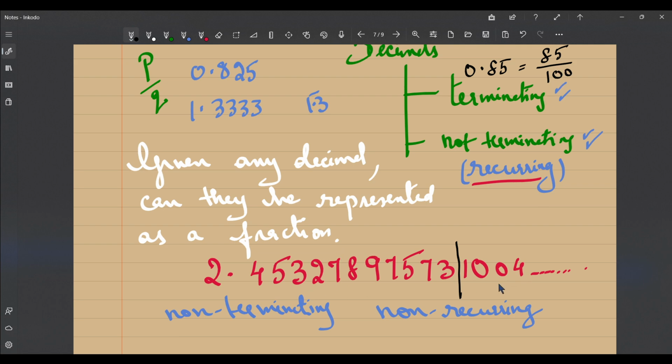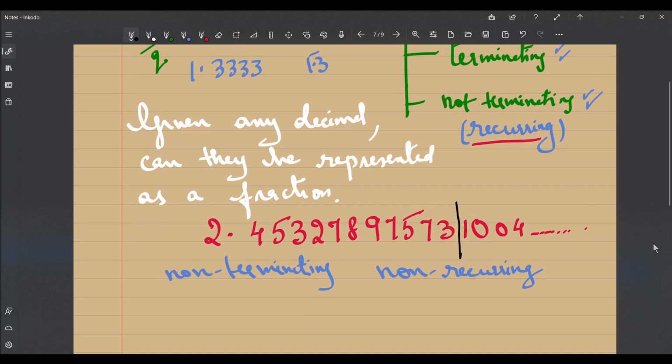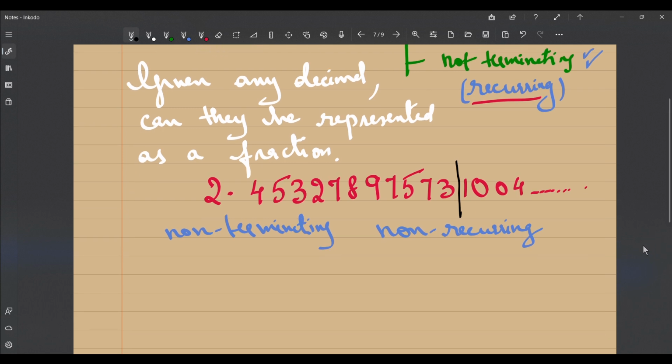So this non-terminating decimal could be stopped here for our convenience, and we could count the number of decimal places, put as many zeros in the denominator as there are decimal places following a 1, and write this number on top in the numerator. Maybe this would be a rational number in the p by q form, but mind you, this is just an approximation.